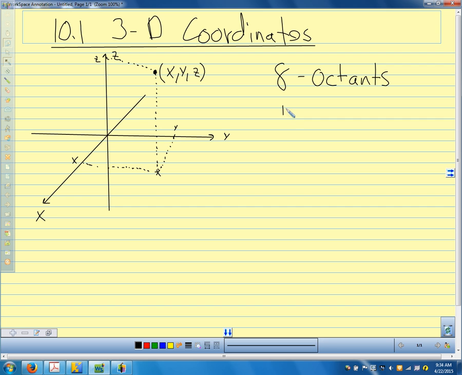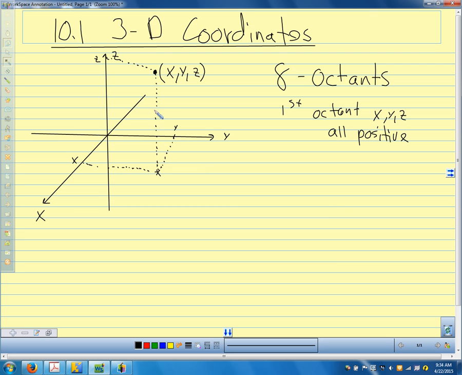The first octant is where x, y, and z are all positive, out here above the xy plane. Then our octants go counterclockwise, just like our quadrants.